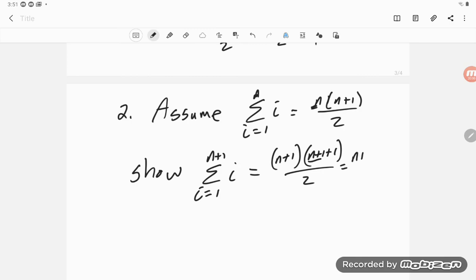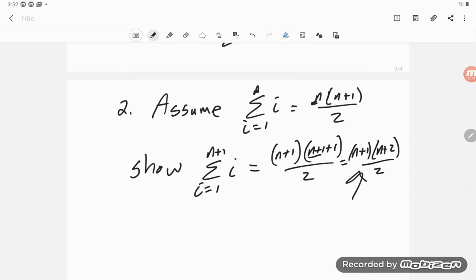So this is n plus 1 times n plus 2 over 2. That's what I'm trying to show.